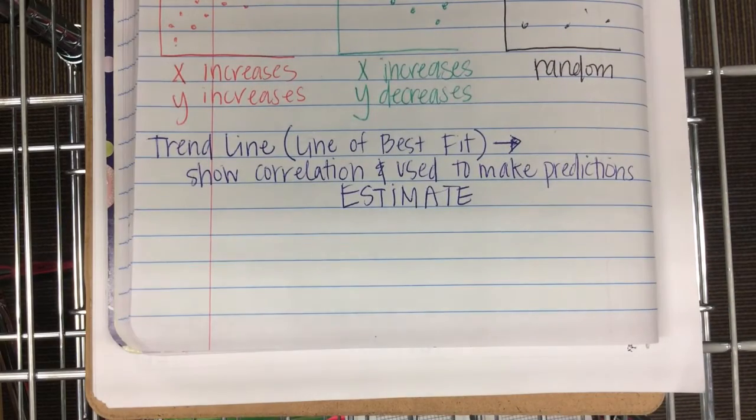And the struggle with estimates, gentlemen, make sure you're listening and not talking. The struggle with estimates is that there are lots of correct answers. Your answer may be different from your neighbor's answer, may be different from all the people at your table's answer, and still be okay.